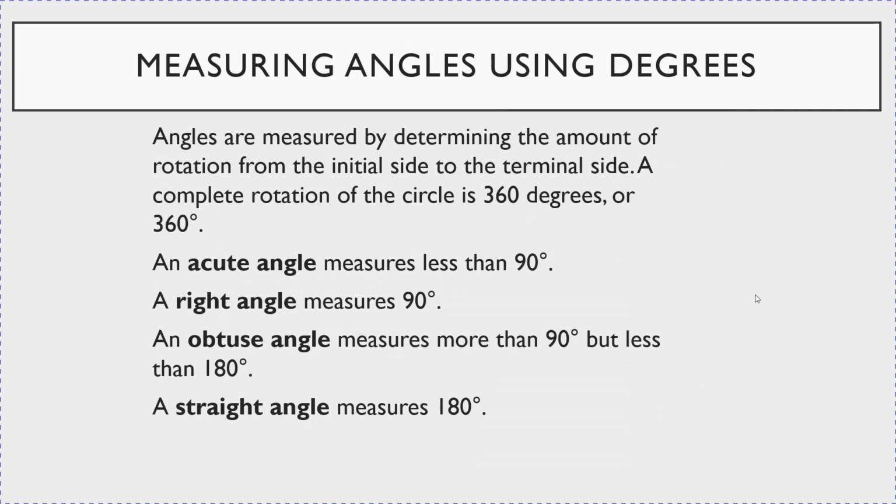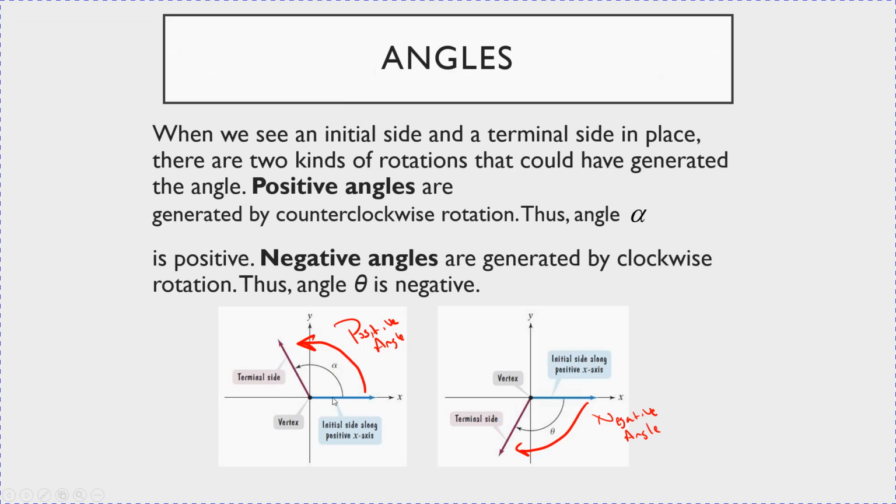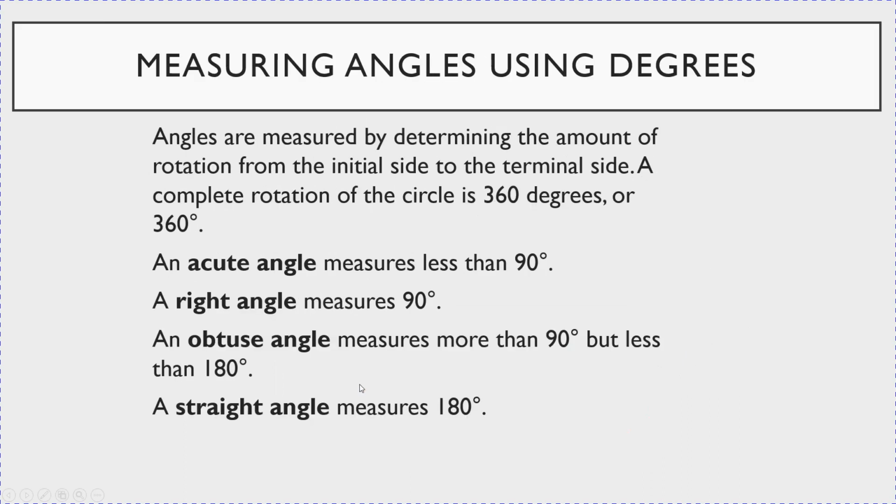Now, measuring angles using degrees is something we're all used to seeing. When someone says a 45-degree angle or a 90-degree angle, you should have an understanding of how you use degrees to find an angle. Angles are measured by determining the amount of rotation from the initial side to the terminal side. A complete rotation of the circle is a 360-degree angle.